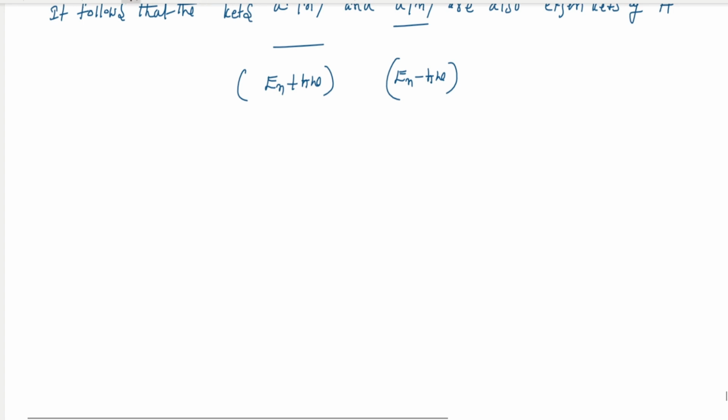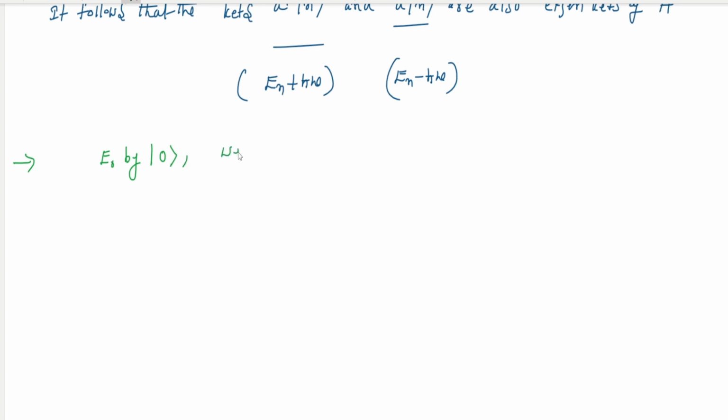Now I'm going to derive one more piece of information. Denoting the ground state eigenket corresponding to the minimum eigenvalue as E naught, this is the ground state.